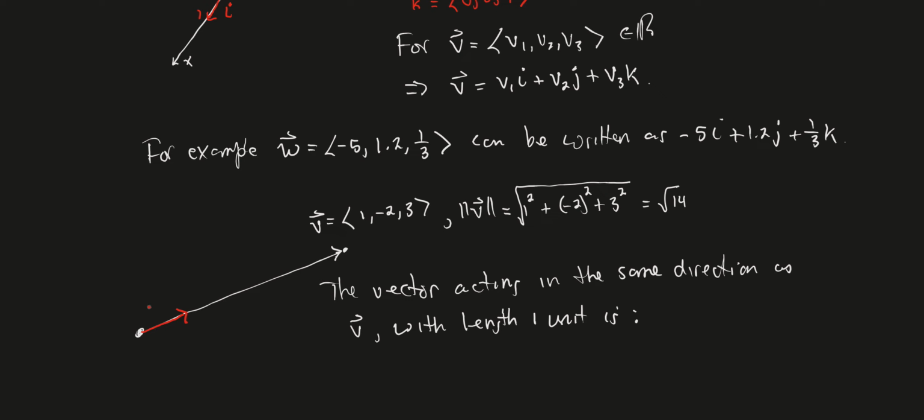And I'm going to call this one u, u for unit, right? So u in this case would be my original vector v. Let me write it like this. So if I take my original vector v and divide it by its magnitude, I don't want it to have a length of root 14. Instead, I want it to have a length of 1.